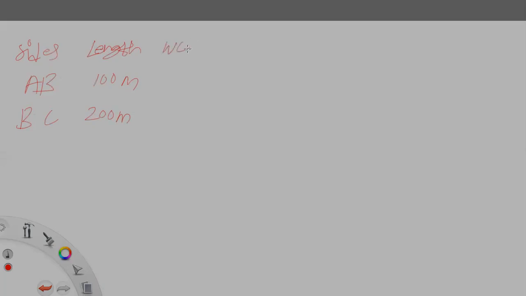Now, if the whole circle bearing is given, then you need to convert it to the reduced bearing. How do we convert the whole circle bearing into the reduced bearing? Suppose that this angle is 120 degrees.